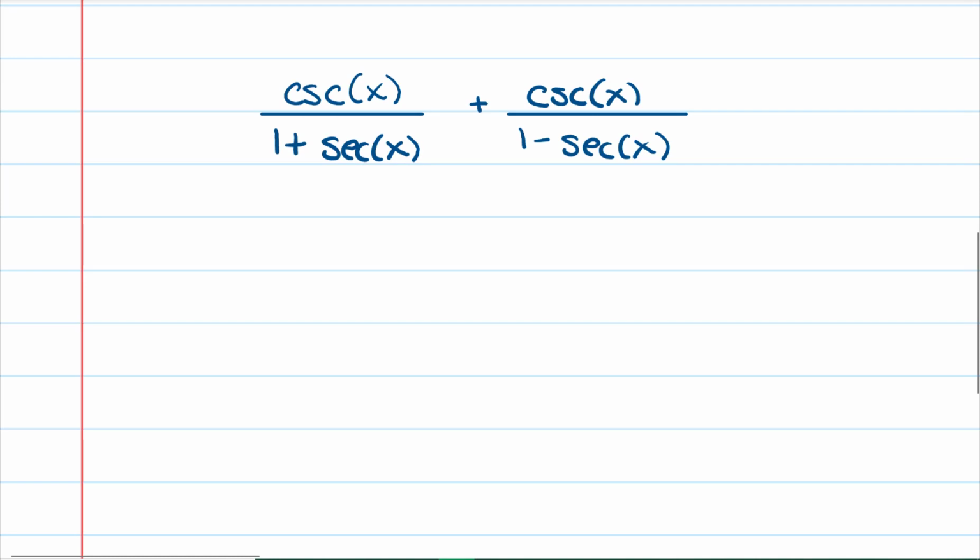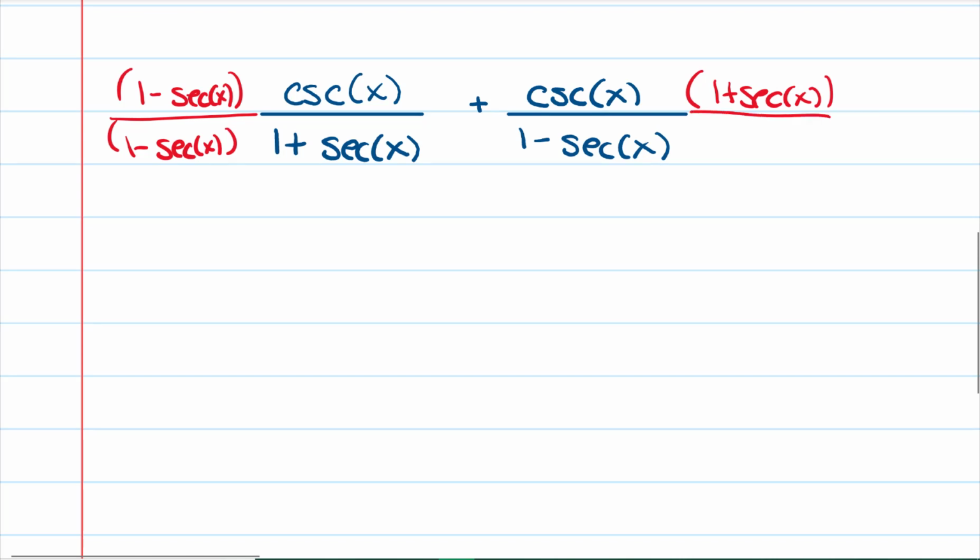Alright, so let's try to do A. So the first thing I'm going to need is common denominators. So the one on the left is going to need 1 minus secant of x. And the one on the right is going to need 1 plus secant of x. So very carefully when I multiply these, I'm actually not going to distribute them just quite yet.